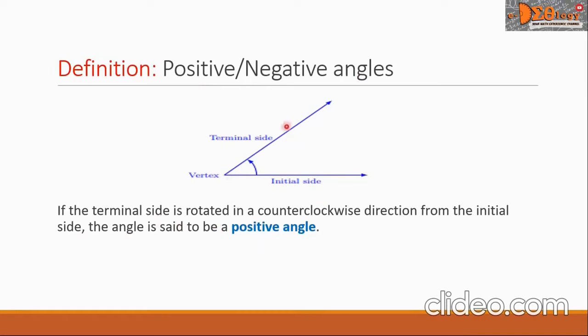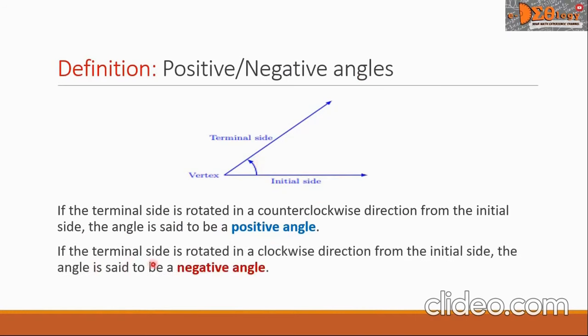In our figure here, the initial side is fixed horizontally, then the terminal side is rotated in a counterclockwise direction. The angle formed here is positive. If the terminal side is rotated in a clockwise direction from the initial side, the angle is said to be a negative angle.